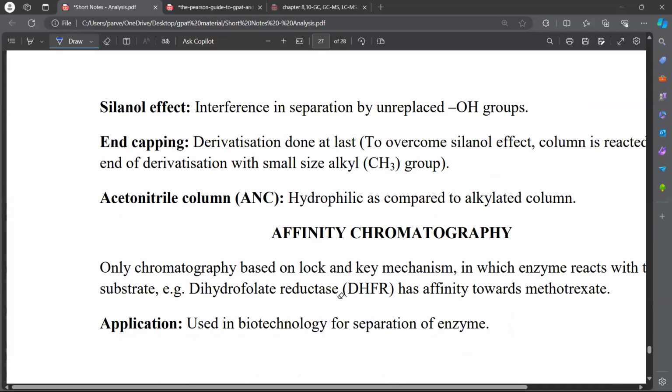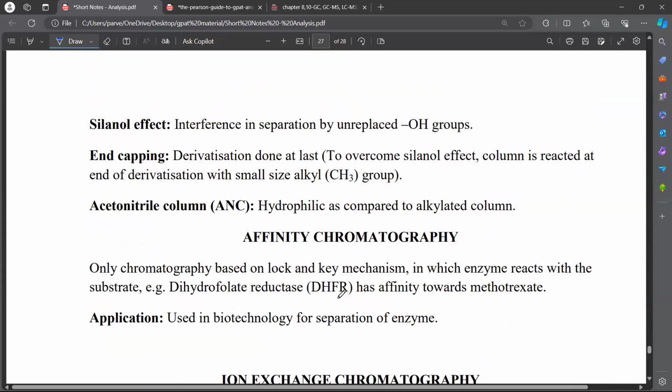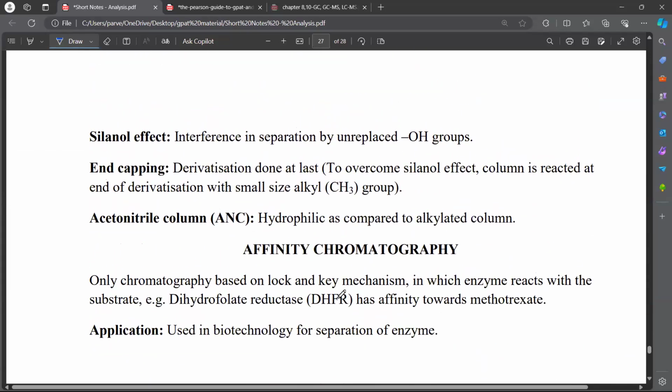Another important chromatography is affinity chromatography, which is based upon the lock and key mechanism in which the enzyme reacts with the substrate. So what we do is, for example, I have a sample which consists of a mixture of different enzymes, but I want to separate only one type of enzyme.